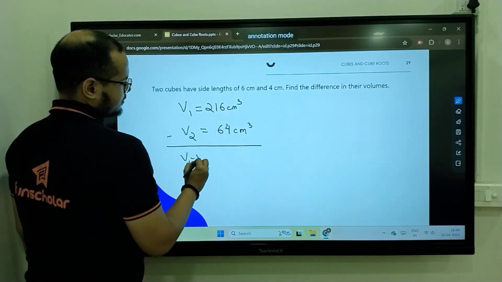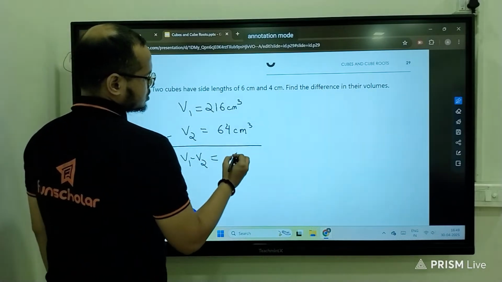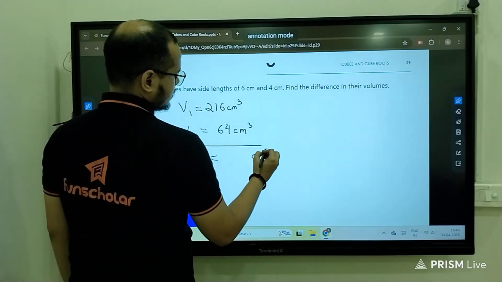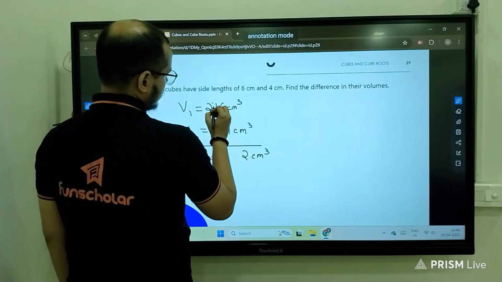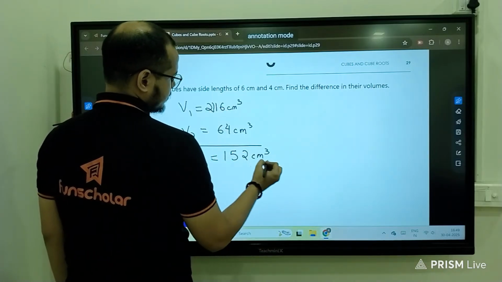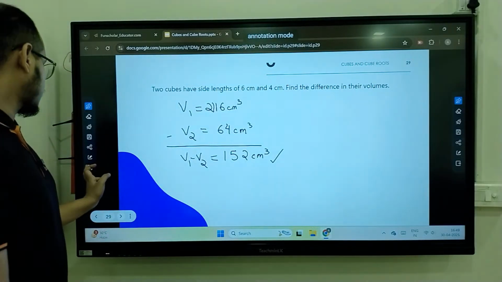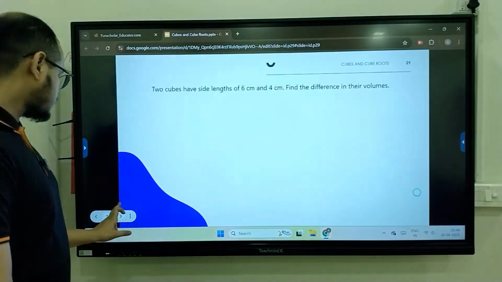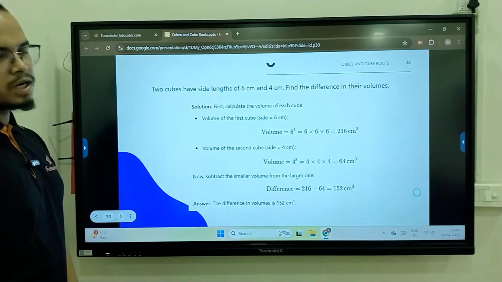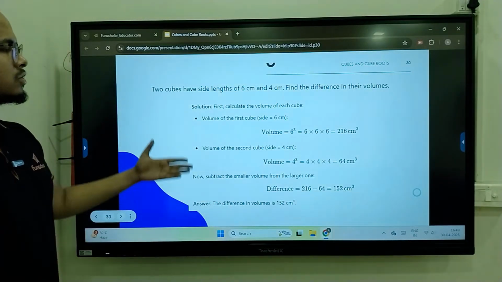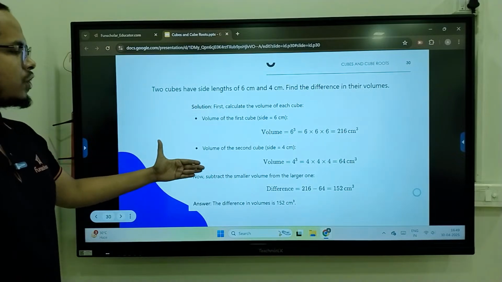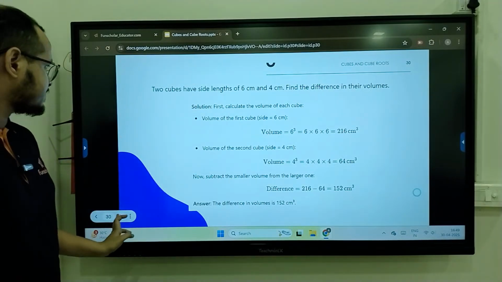So V1 minus V2 is going to get us what? Centimeter cube will be the unit here. So 216 minus 64 is 152 centimeter cube. Okay. This particular chapter has sums that are very easy to understand. Okay. So first volume of the first cube, volume of the second cube, difference.